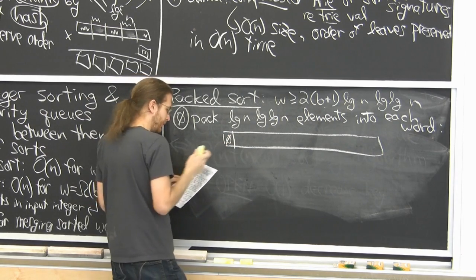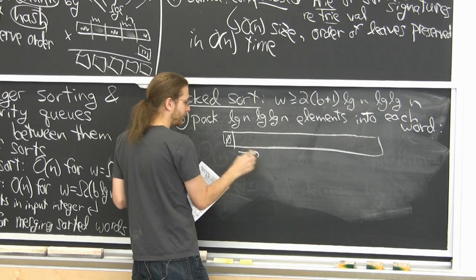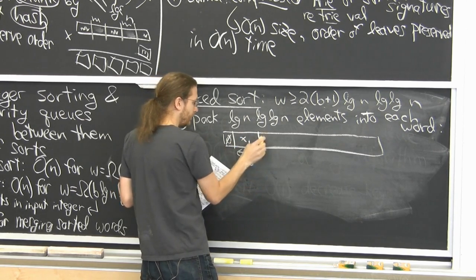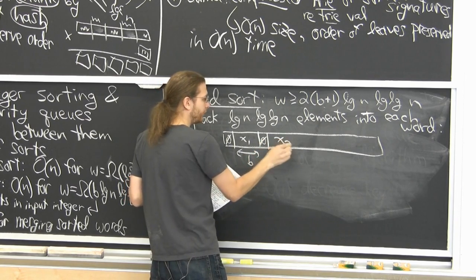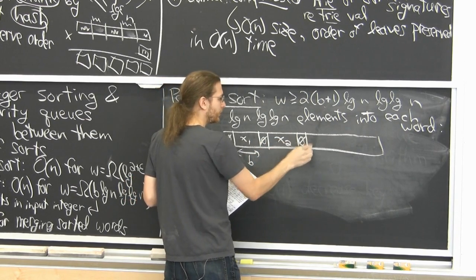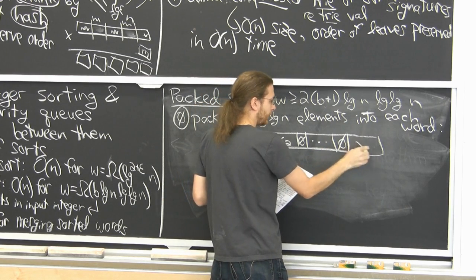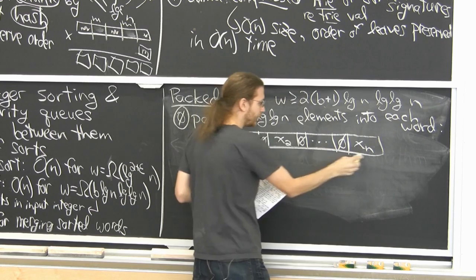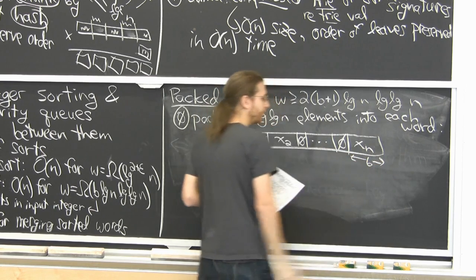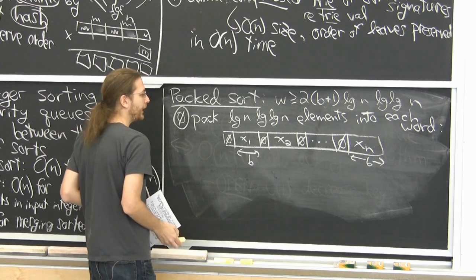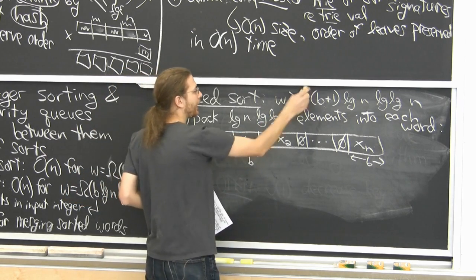So in the end, what it's going to look like, I also want to leave a 0 bit in between each of them. So we're going to have x1 here, x2, up to xn. Each of these is b bits long, and then we have one more bit. And in fact, the way we set things up, this is only half the word.